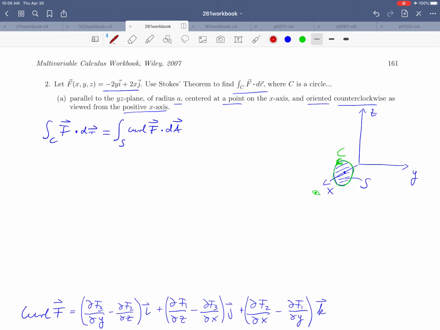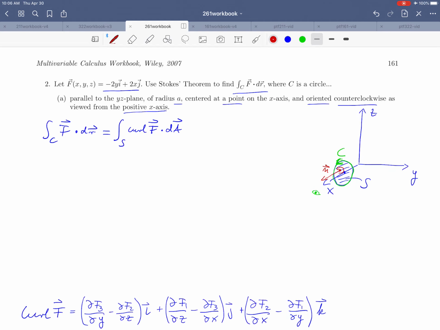In the examples so far, we've always done it the other way around. We had an orientation for the surface and then found the orientation for the curve, but you can also do it the other way around. So imagine drawing in a normal vector. It has to point in the direction of the positive x-axis, so that when you curl your fingers according to the right-hand rule, you match the orientation of the circle.